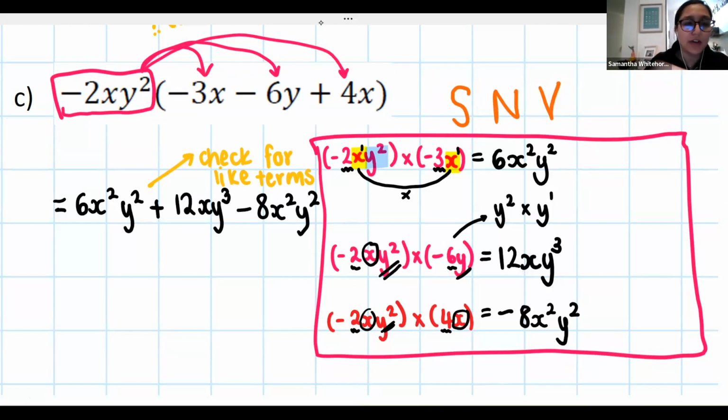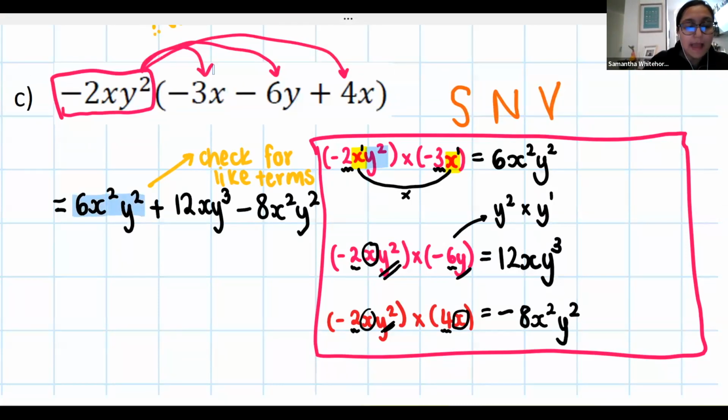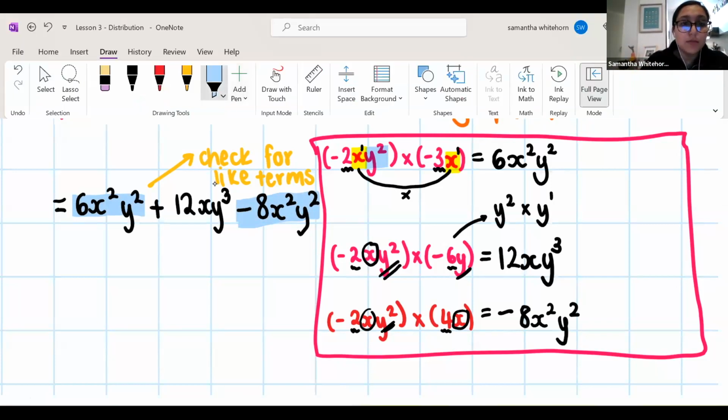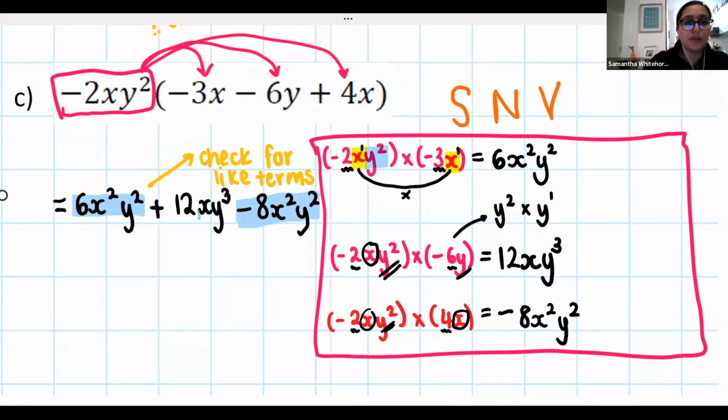If we have a look at our first term, I have got an x squared y squared, and I've got a second term that is x squared y squared. That's the minus 8x squared y squared. Same variables, same exponents. The 12xy cubed also has x and y, but the exponents are different. The exponent, maybe let's not use blue.